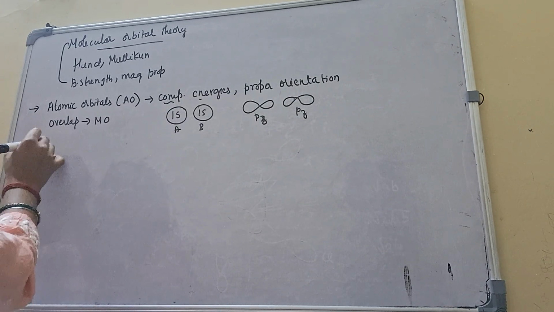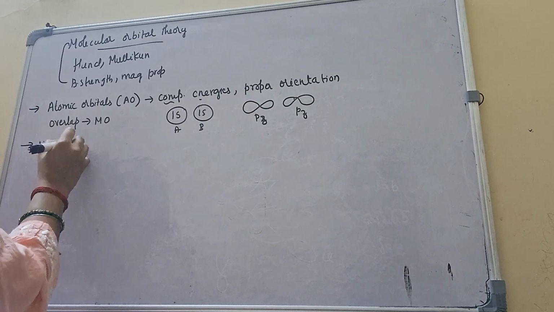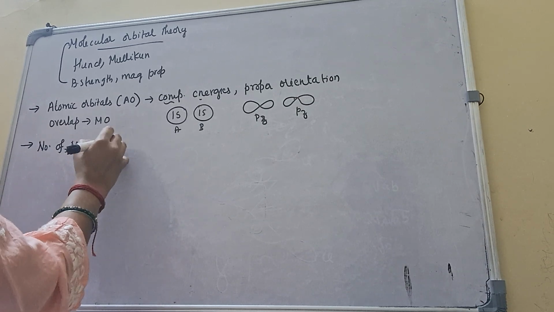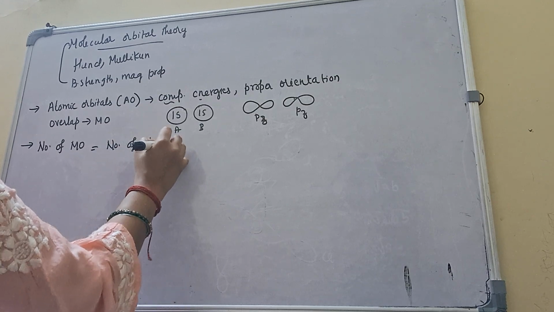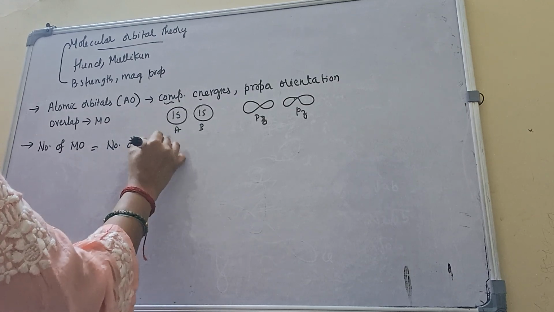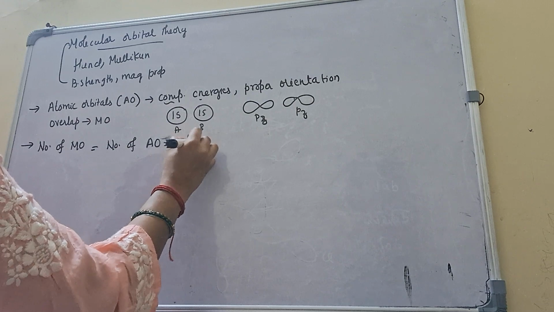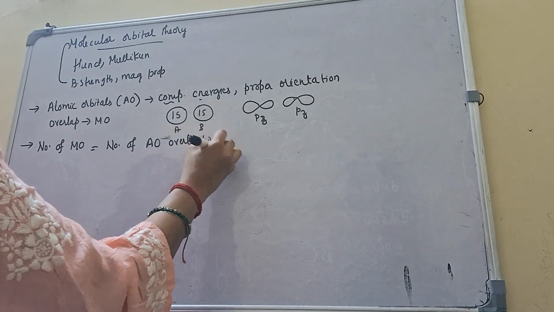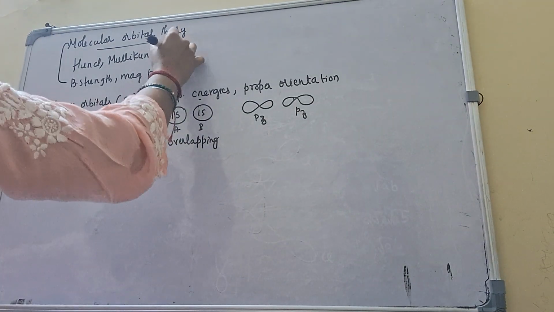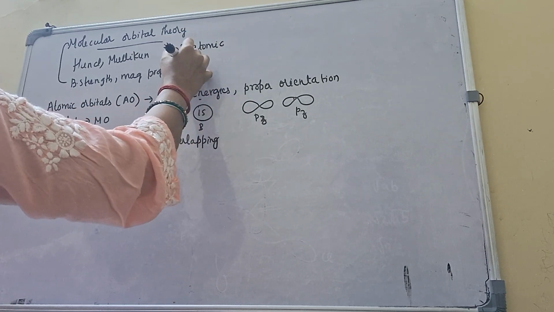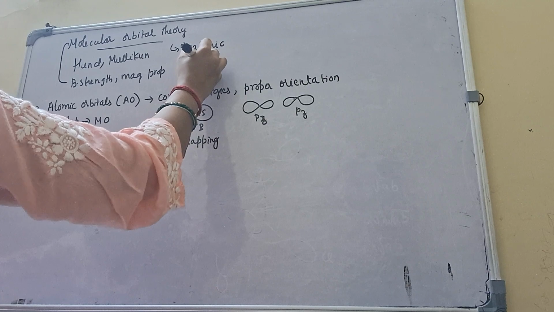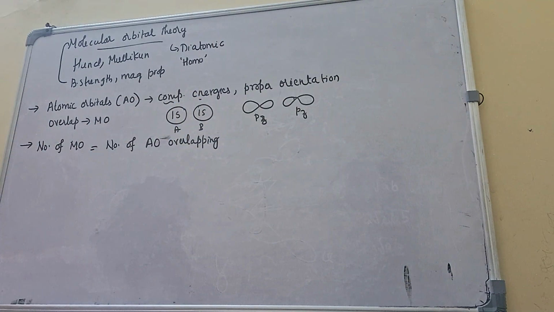Now, the number of molecular orbitals formed is equal to the number of atomic orbitals overlapping. Now we are only going to study diatomic molecules, and that too homoatomic, the same type of atoms.